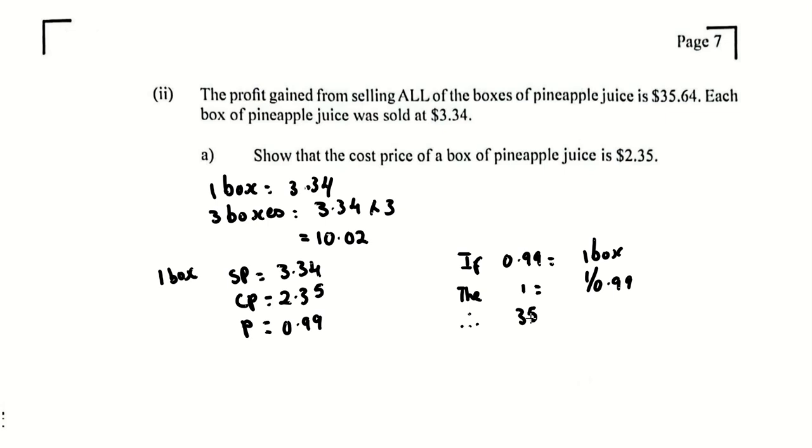So 35.64 would be 1 over 0.99 multiplied by 35.64 over 1. Right? So 35.64 divided by 0.99, and you'll get that he sold 36 boxes of juice to get that $35.64.